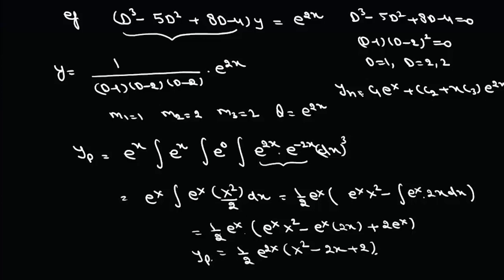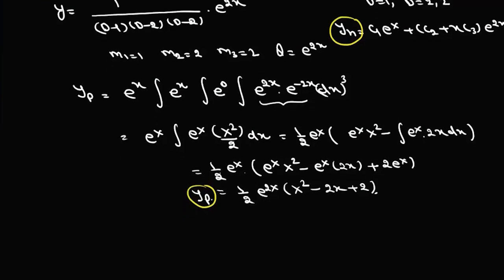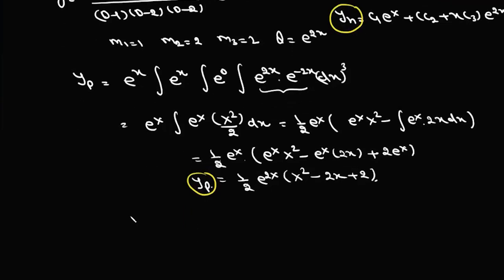Now general solution is yh plus yp, so we can write y as yh will be c1 e to the power x plus c2 plus x c3 e to the power 2x plus, now here we have e to the power 2x, which is same as this, and we have x and constant term which will be consumed by these coefficients.